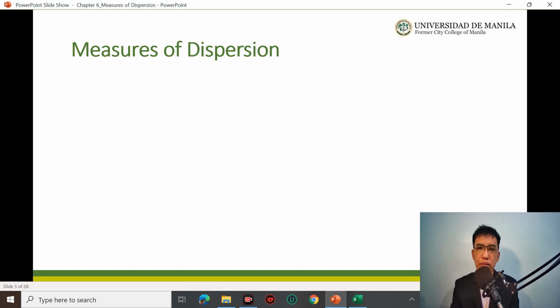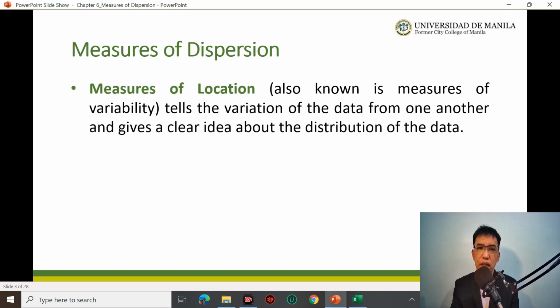So, the measures of dispersion, also known as the measures of variability in other books, tells the variation of the data from one another and gives a clear idea about the distribution of the data. Yun yung sinasabi ko sa inyo. We already know the center, which is the mean, the median, the mode.